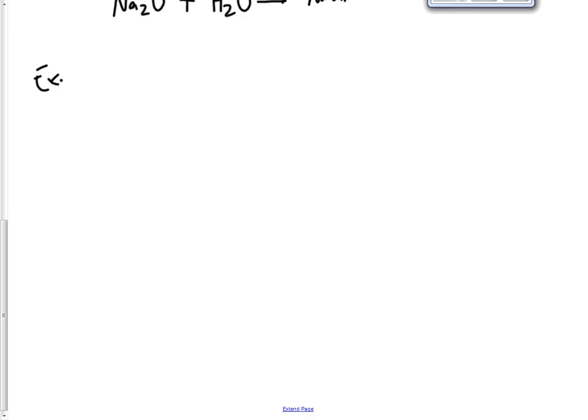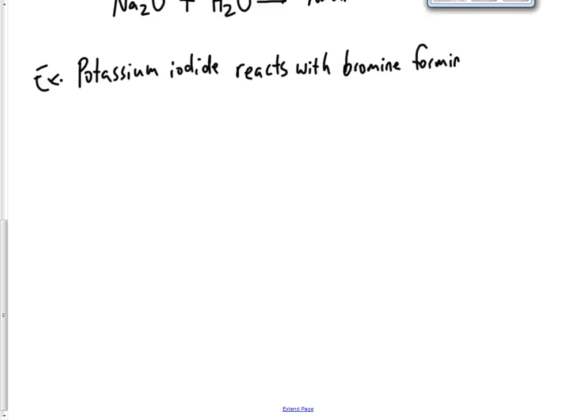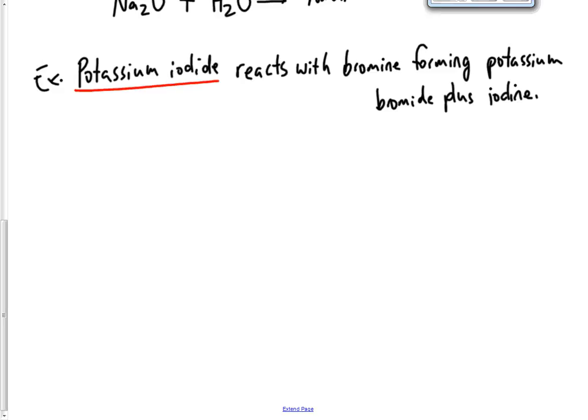You've got potassium iodide reacts with bromine, forming potassium bromide, or sorry, plus iodine. Again, underline all the things that we need to make formulas for: potassium iodide, bromine, potassium bromide, and iodine.